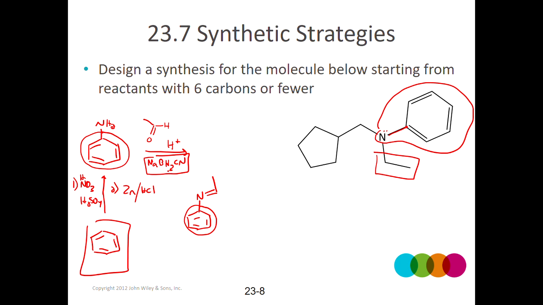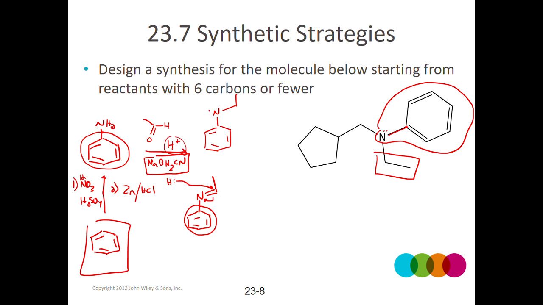And so then the hydride from the sodium cyanoborohydride would come in here and push these electrons to the nitrogen, and then it would pick up a proton. So that would hydrogenate in effect or reduce the double bond there to a single bond. So that would give this structure here.